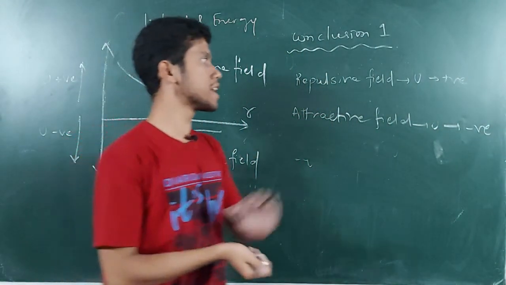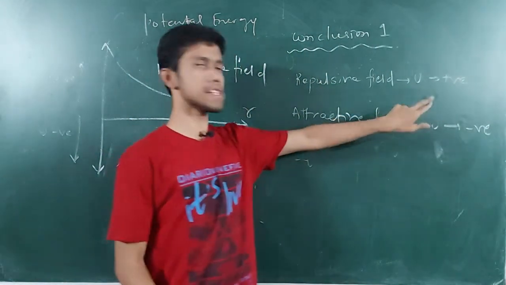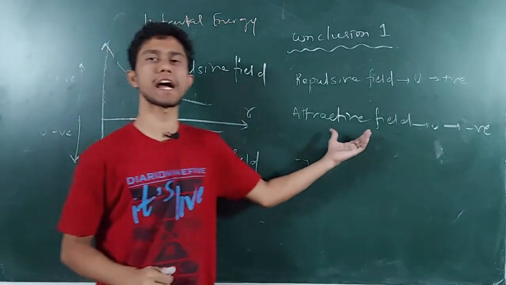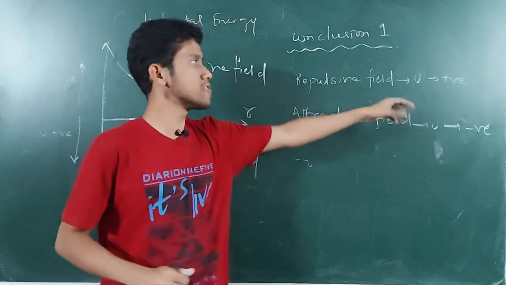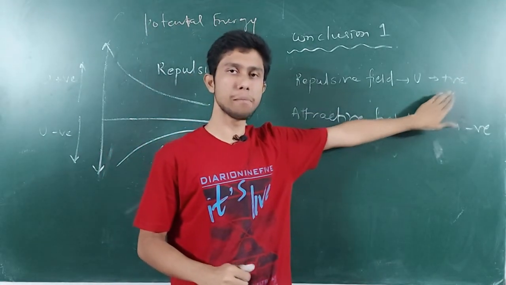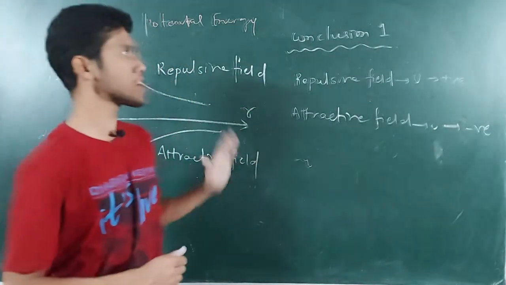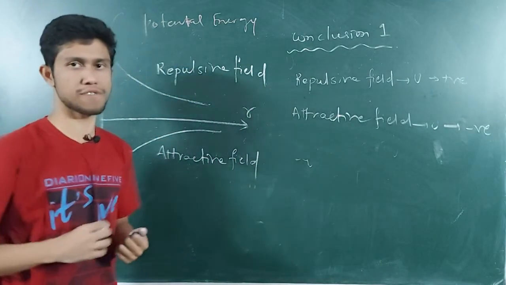So whenever you get a negative U, that is negative potential energy, you are going to say that the field is attractive. But when you get positive potential energy, we are going to say the field is repulsive. So this is one conclusion which you can draw from this graph.